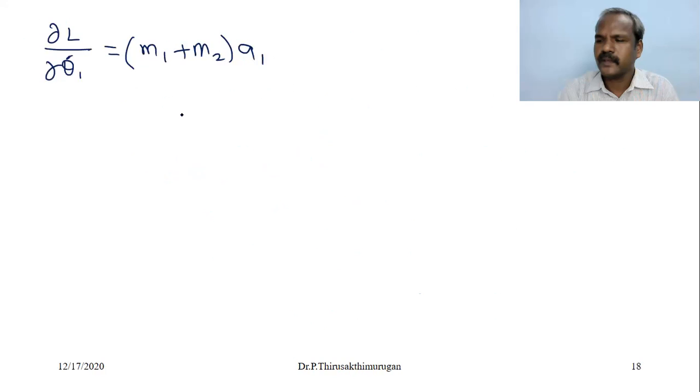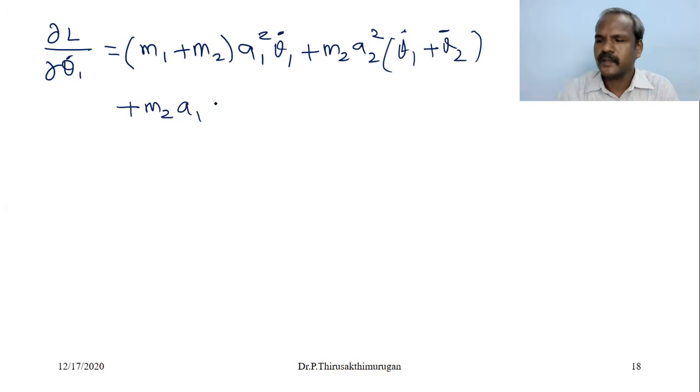So we are getting M1 plus M2 A1 square theta 1 dot, okay, plus M2 A2 square theta 1 dot plus theta 2 dot plus M2 A1 A2 twice theta 1 dot plus theta 2 dot cos theta 2. Okay, so this is dou L by dou theta 1 dot.